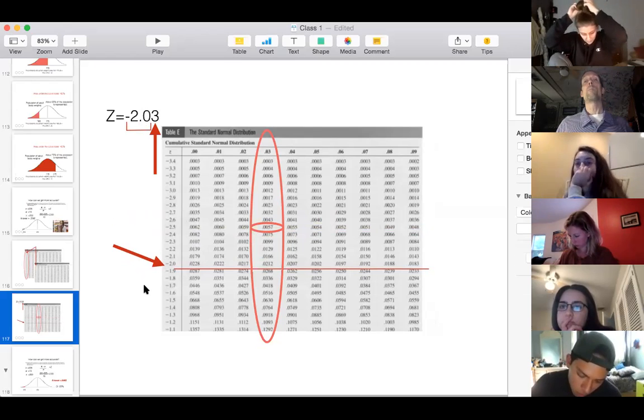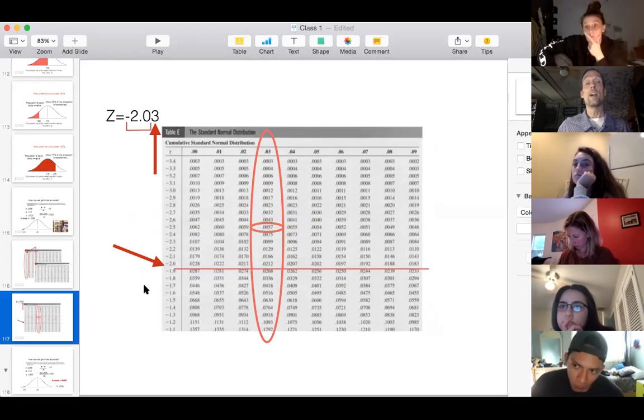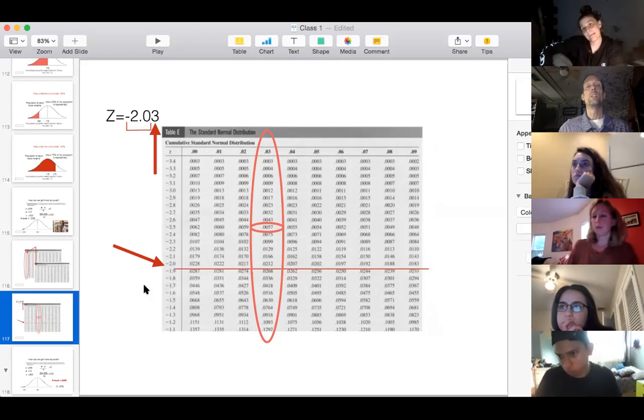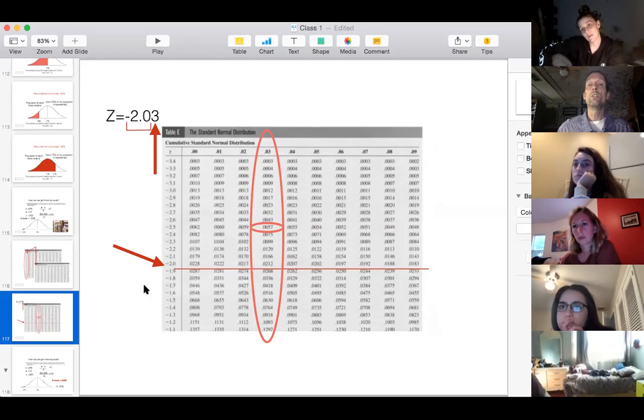Now, I'm going to be really direct with you about this. On the internet, there are a lot of websites where you can just throw in a Z-score and it'll give you the area right back so you don't have to use the tables. I know some of you are going to be doing that, and while you can do it, the only drawback is that when we get into chapter 7 and chapter 8, certain values are really special in the Z tables.